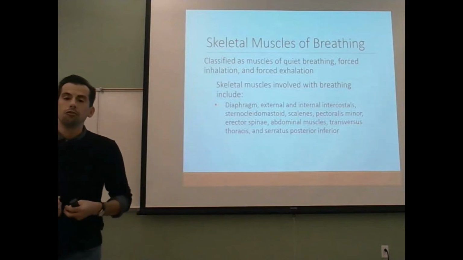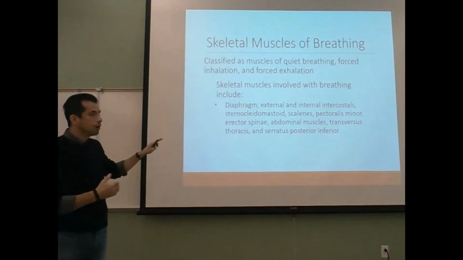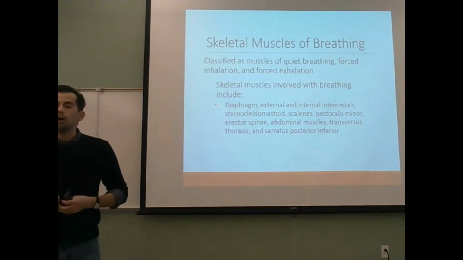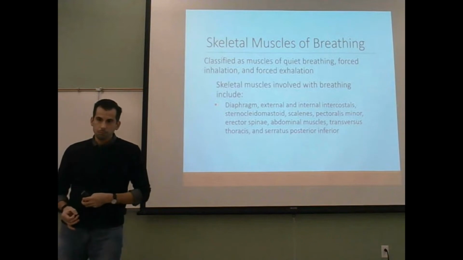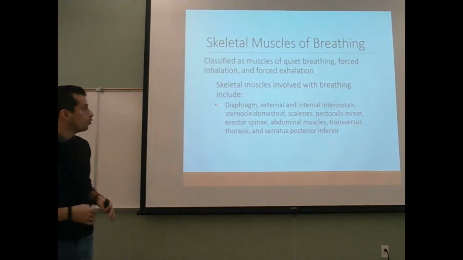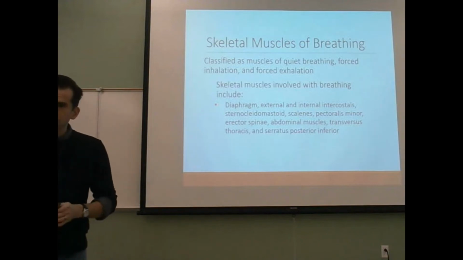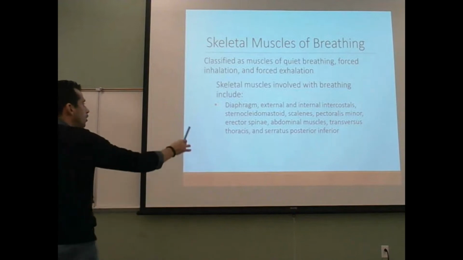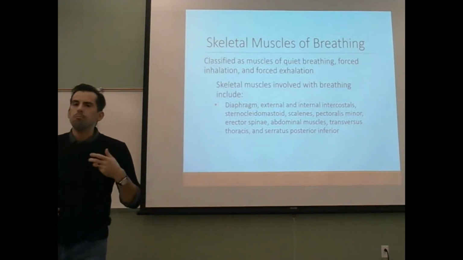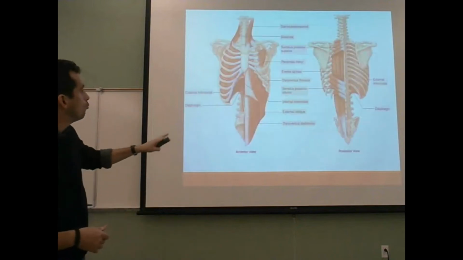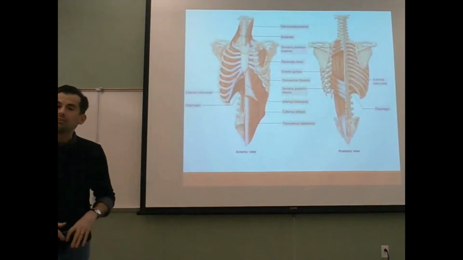Those are all active processes that bring more air into and out of the lungs than we see move with a resting ventilation. And because of that, we have to recruit secondary muscles in order to pull that off. Now, here is a laundry list of the secondary muscles. And I'm not really looking for you guys to memorize the list, but you should see where they fall anatomically.